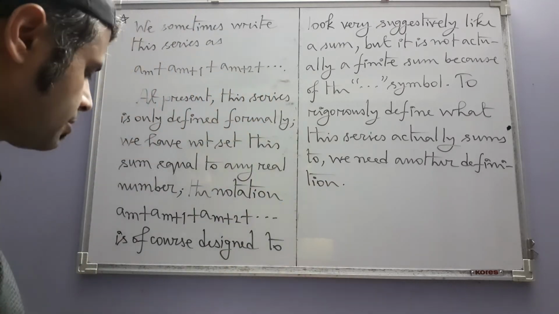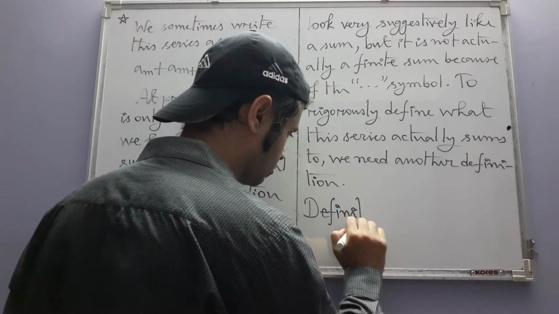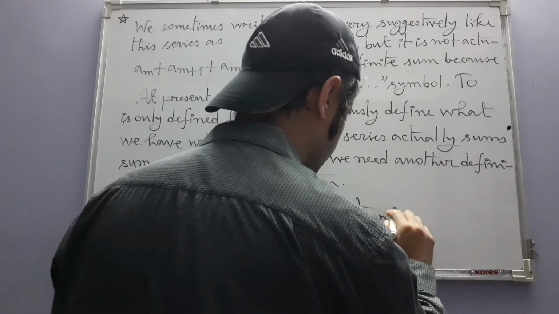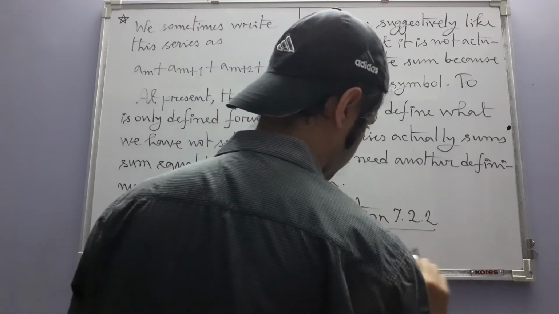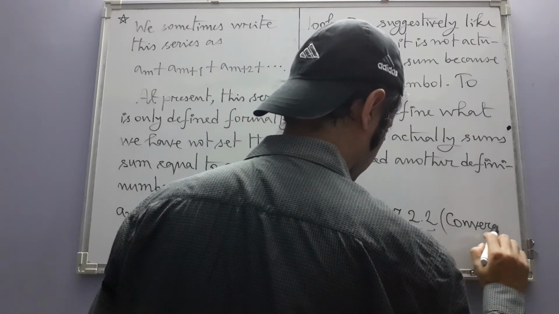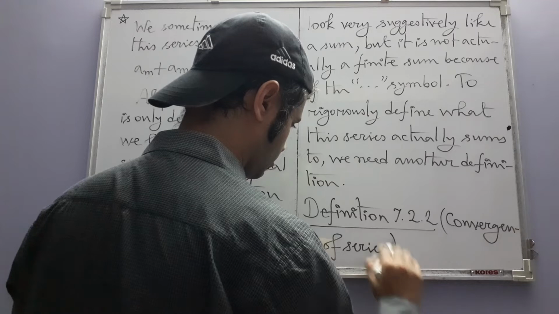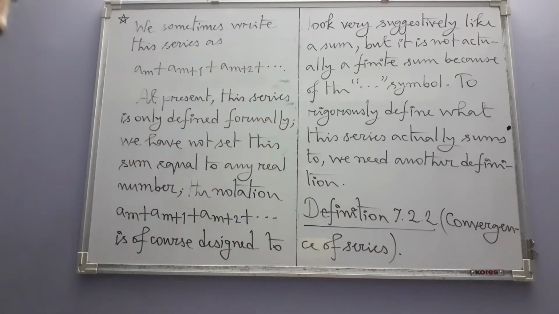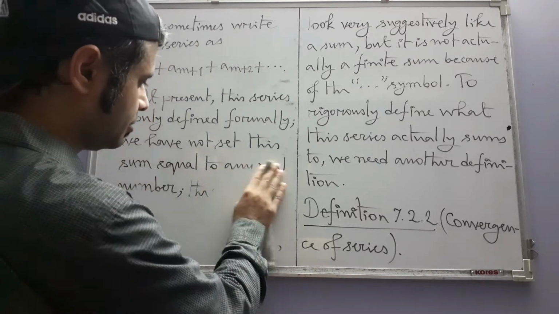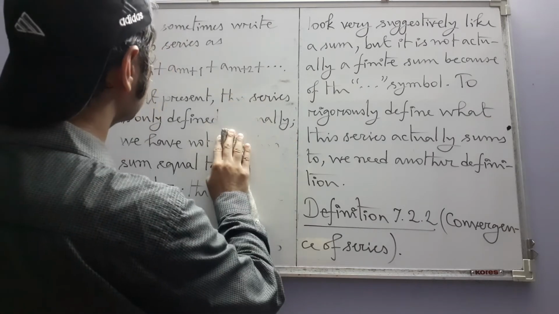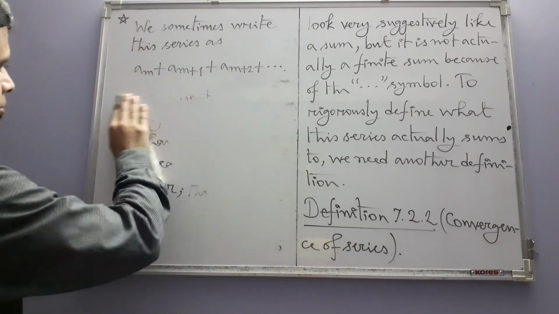And then comes this next definition, which is convergence of series. And in fact, in this definition, we will see why we are denoting a series itself using this kind of notation, which makes it look like an infinite sum.